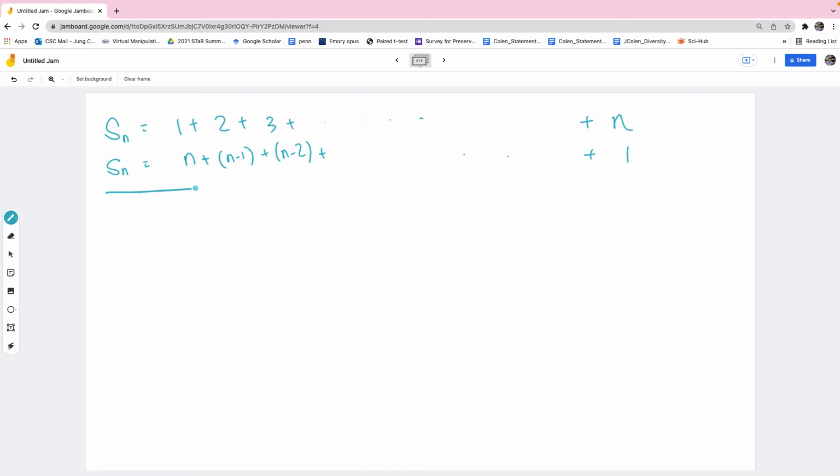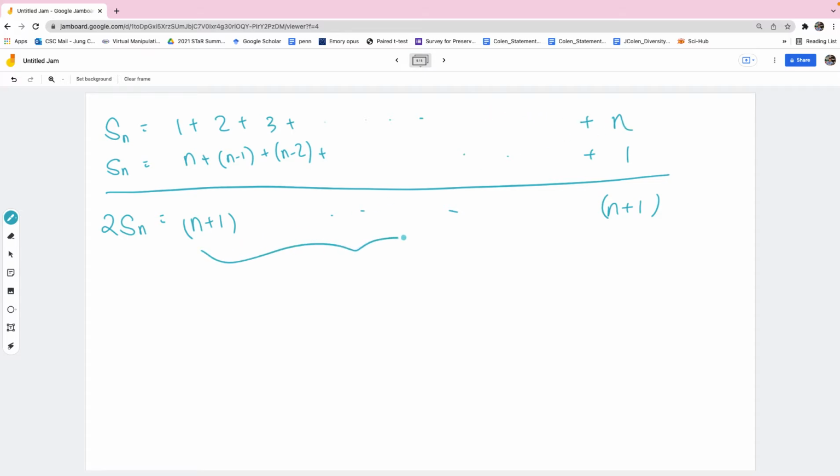So if I add each column together, I have 2 times the sum, and I have 1 plus n, or n plus 1, right? And if you add n minus 1 plus 2, the n minus 1 plus 2 is n plus 1, so it is still n plus 1. So I have n plus 1 all the way here. And how many are there? 1, 2, 3, 4, 5, 6, all the way to n.